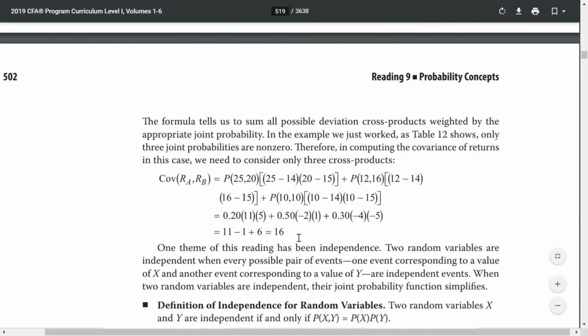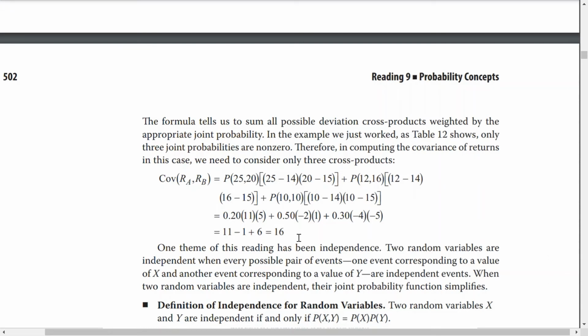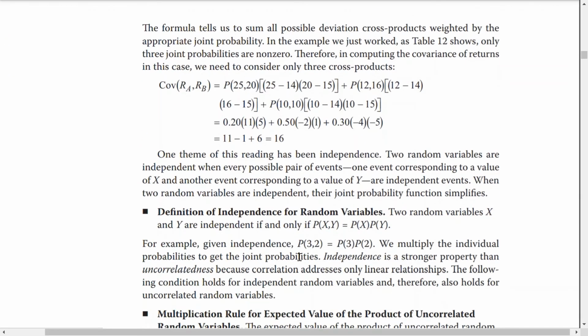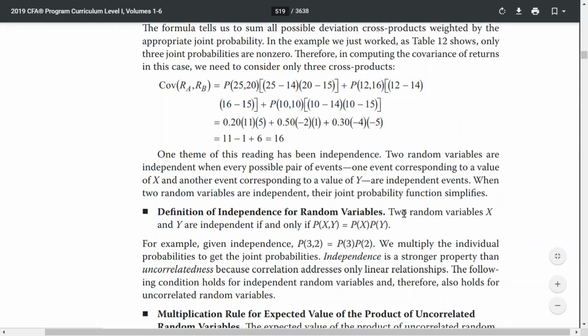One concept in this reading has been independence. Two random variables are independent when every possible pair of events, one event corresponding to a value of X and another event corresponding to a value of Y, are independent events. When two random variables are independent, the joint probability function simplifies.